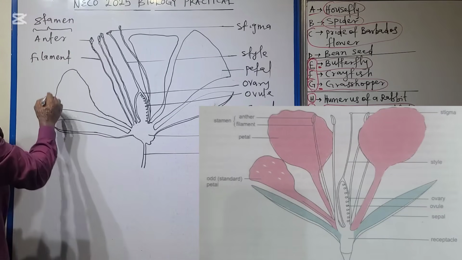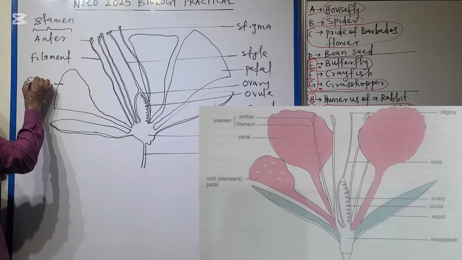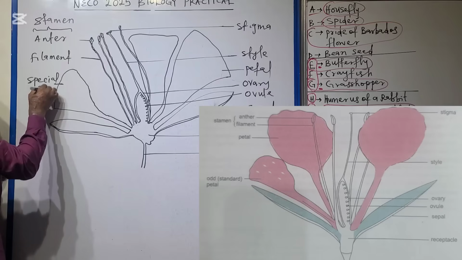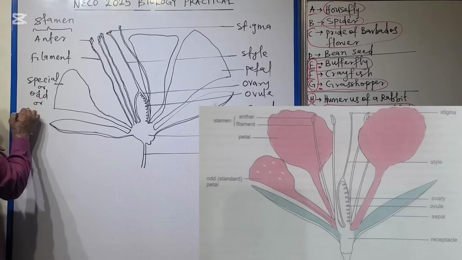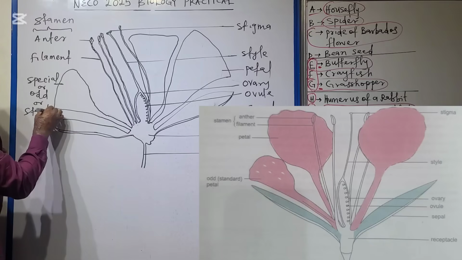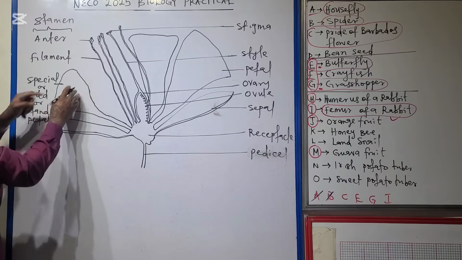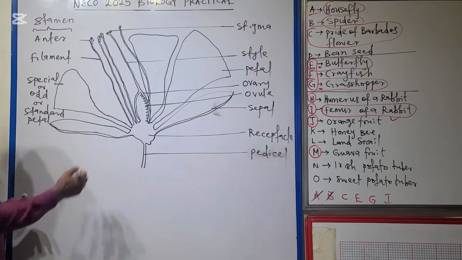This here is our special, or you call it odd, or you call it standard petal. It's different from the way the other petal looks. Look at it straight and then curve.